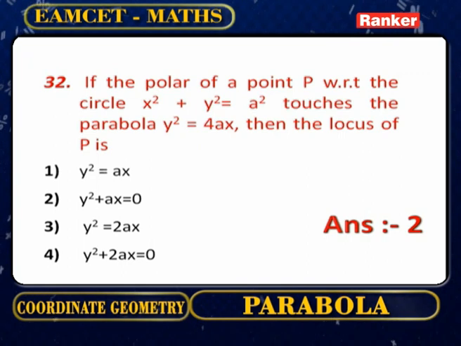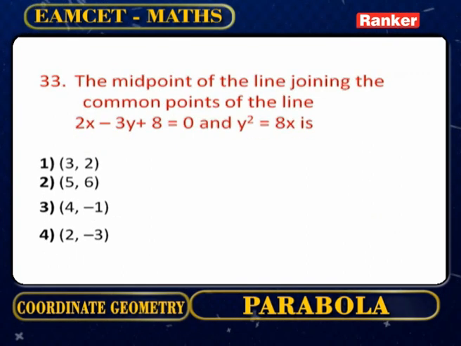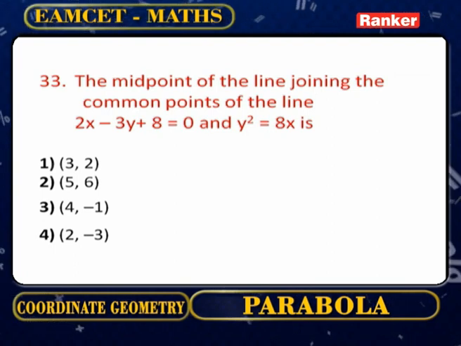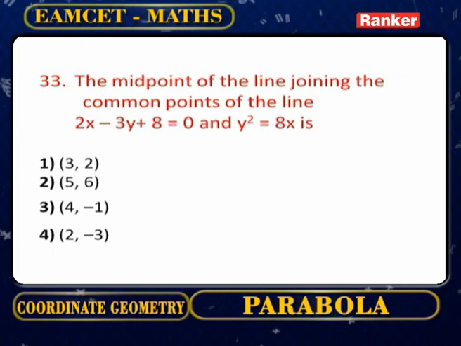Second option. The midpoint of the line joining the common points of the line 2x minus 3y plus 8 equals 0 and the parabola y square equals 8x.